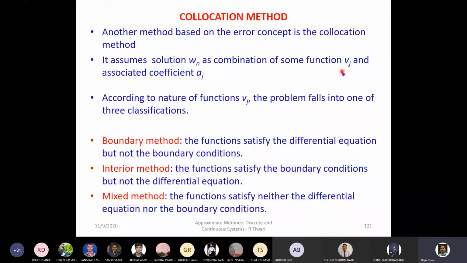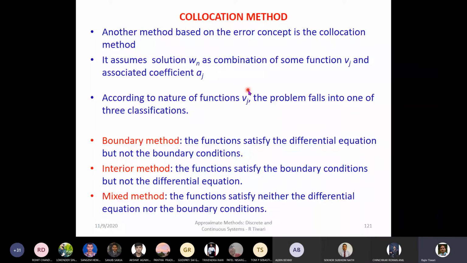Just to distinguish from the previous two methods, we are writing those functions as V. This V can be a comparison function or admissible function or other functions which I am describing below, and the associated constants we need to multiply. So the form of the solution will be the series form multiplied by the constant.